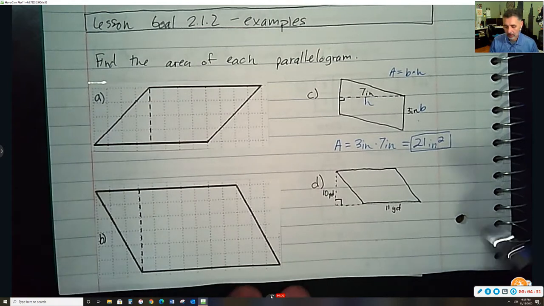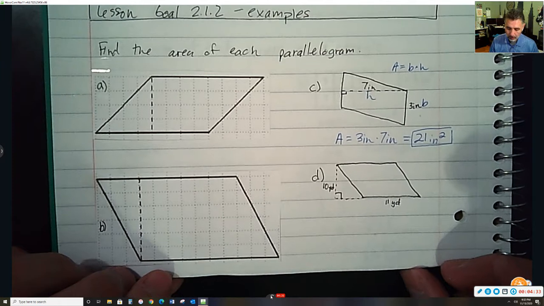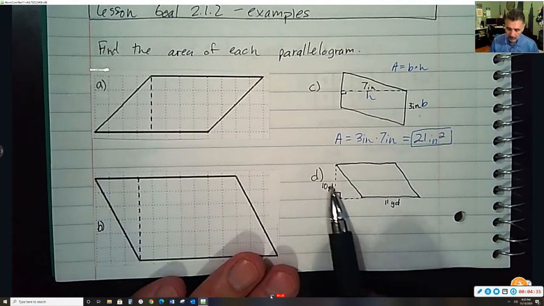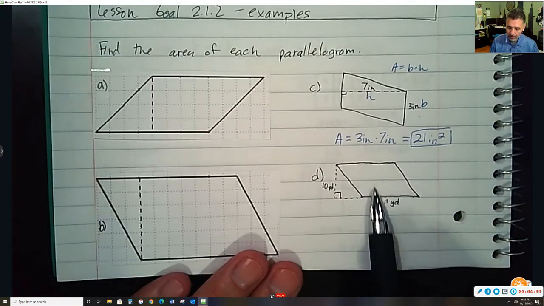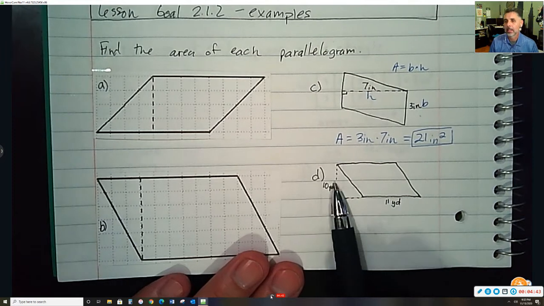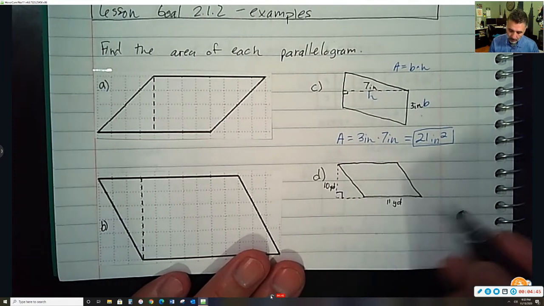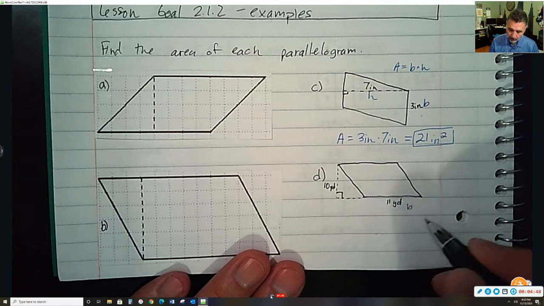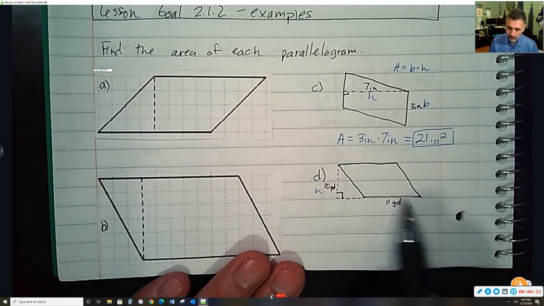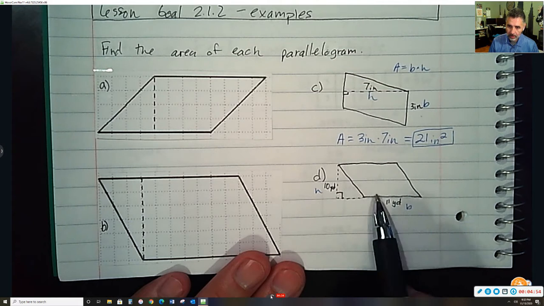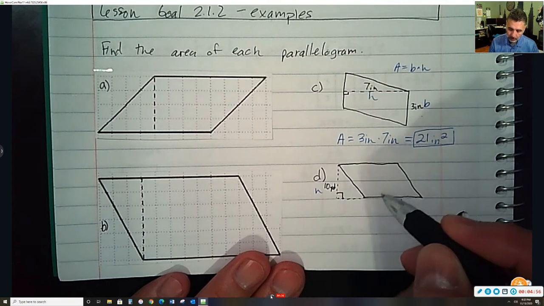Okay. And then this other example, D. Again, sometimes the height isn't inside the parallelogram. In the diagrams, you can find the height outside the parallelogram. Again, I would call this one the base, and this the height. The base, because this one is horizontal or flat, and then the height has to be going straight up.